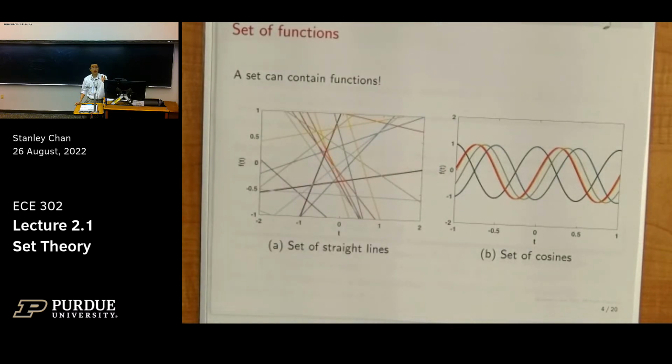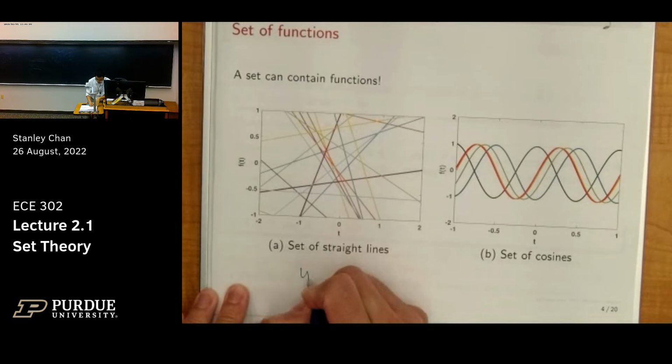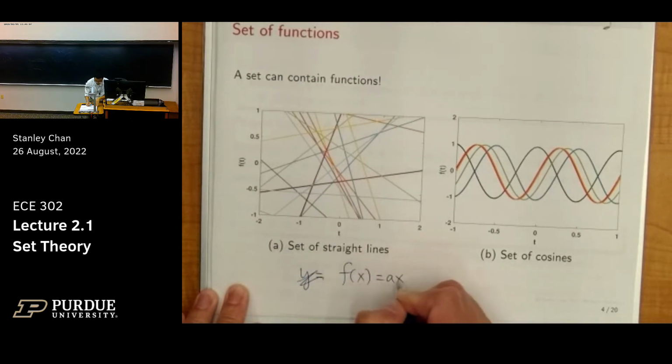Anyone has a thought? How can I write down the set of all the possible straight lines in a 2D plane? Yes? ax plus b, excellent. So define this function, let's call it f(x) equals ax plus b.